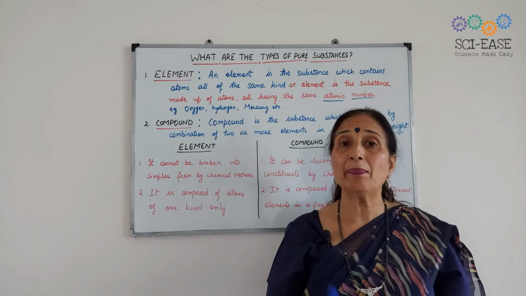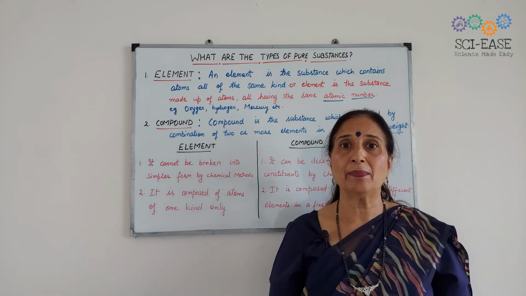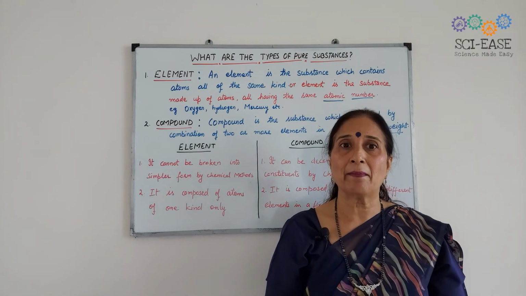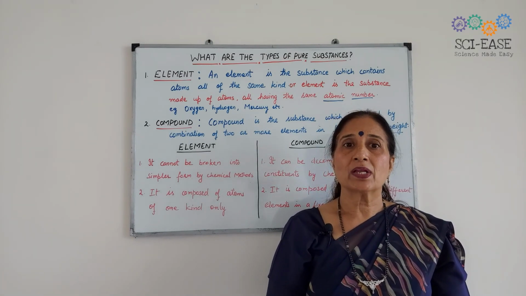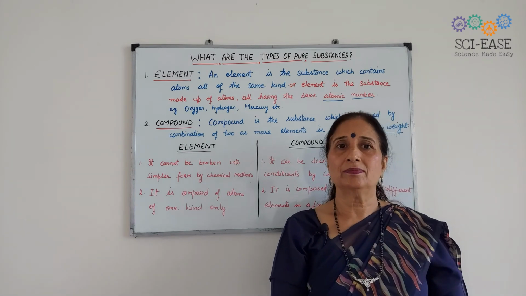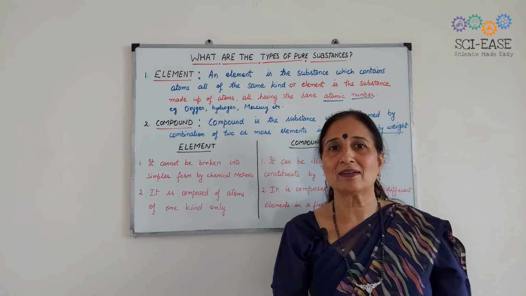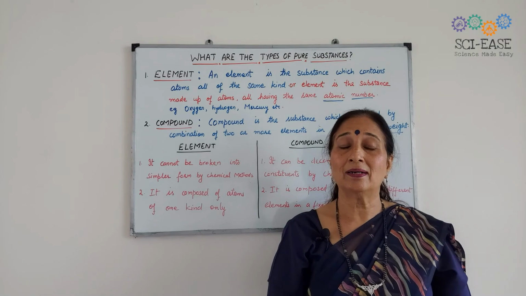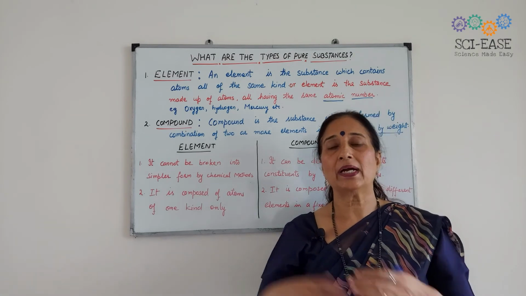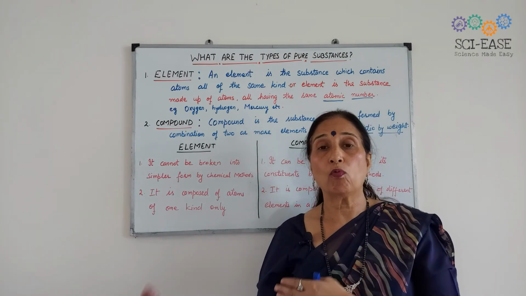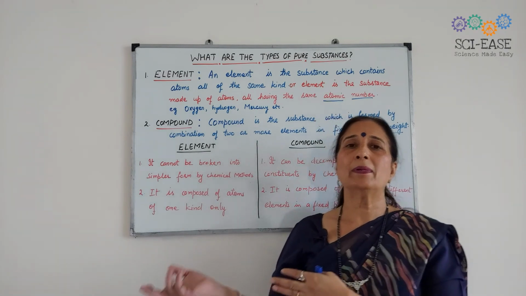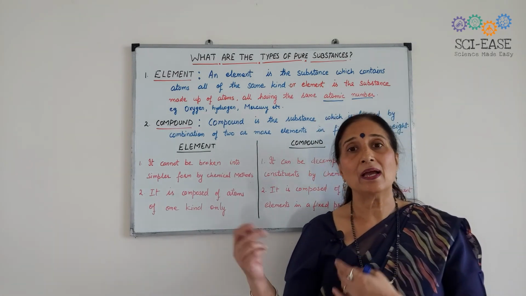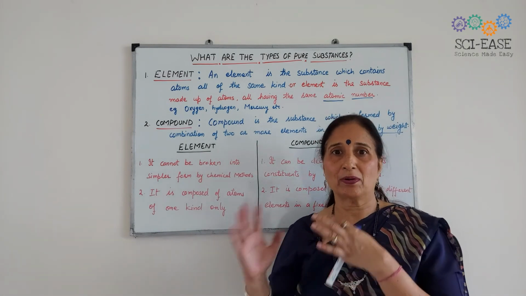At least 3 points of difference. I have told you 3 points, and then the examples. Air is a mixture, soil is a mixture of substances. So these are the examples of mixture. And in case of the compound, water, sodium carbonate, carbon dioxide, carbon monoxide, these are the compounds.